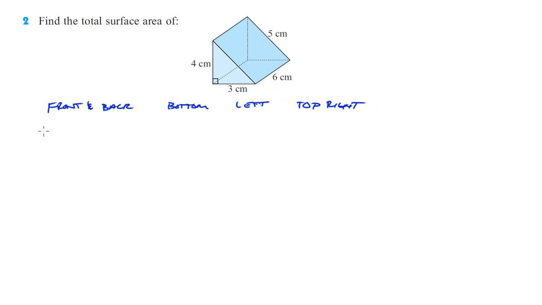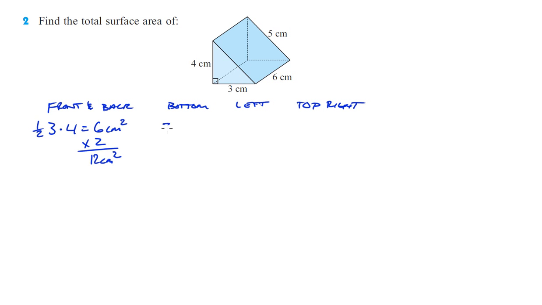So, front and back, that's the area of a triangle, so that's going to be 1/2 of the base, which is 3, times the height, which is 4. So let's see, half of 4 is 2, times 3 is 6 square centimeters, but there's a front and a back which are identical, so that's 12 centimeters squared for those 2 sides.